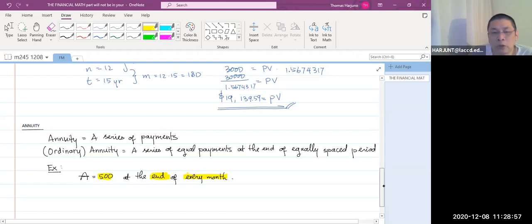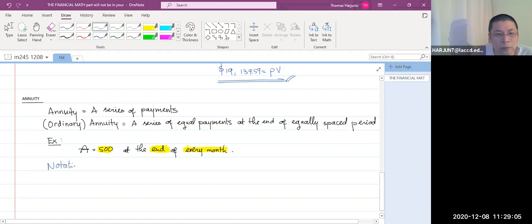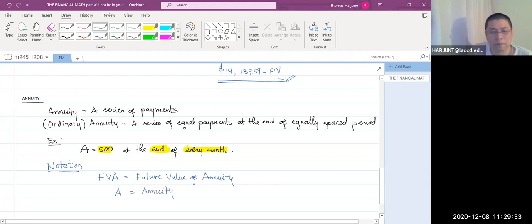Okay, now we will use the following notation. F_A stands for future value of annuity. And A is the annuity itself, how much you pay at the end of every period.